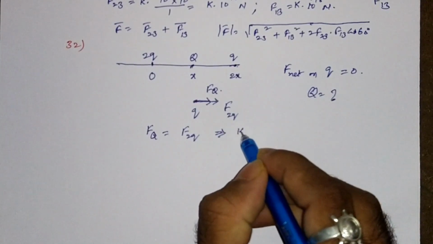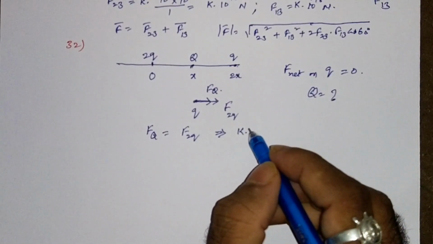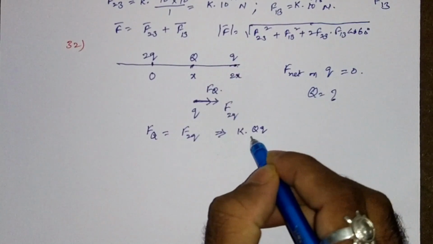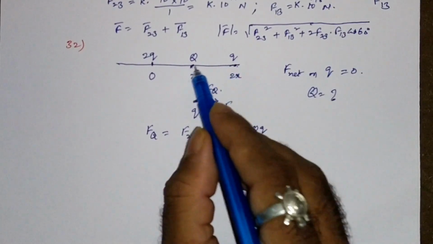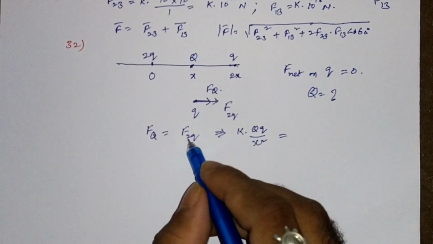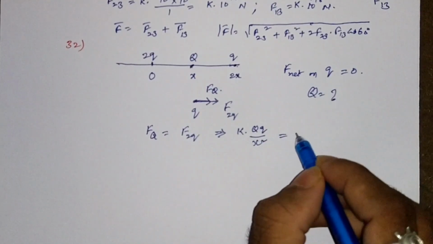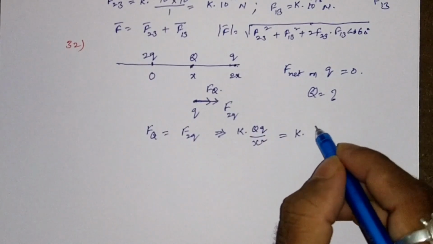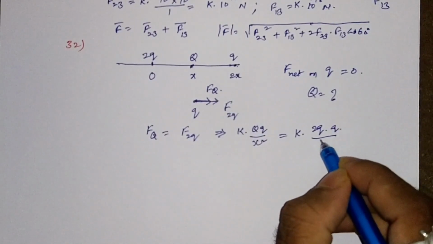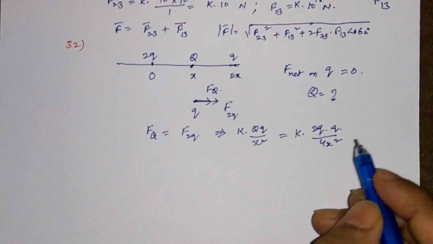I am taking 1 by 4 pi epsilon naught as constant k, q1 is capital Q, q2 is small q, and r is the distance between them, x, so it is x square. That is equal to the force due to 2q, which I will write as k into 2q into q by (2x) square, so I will write this as 4x square.